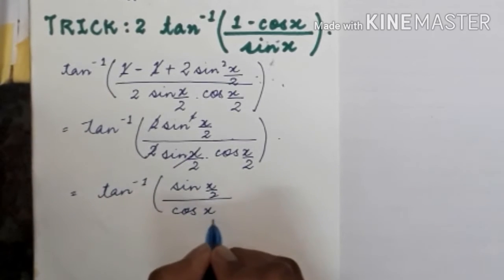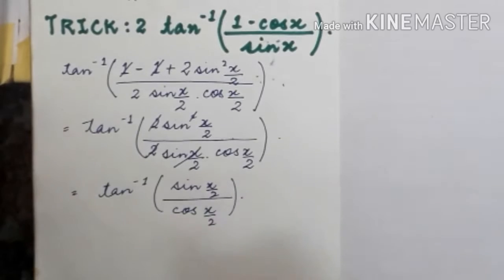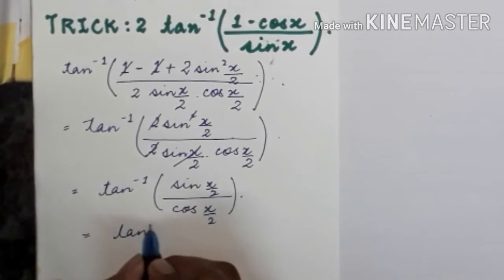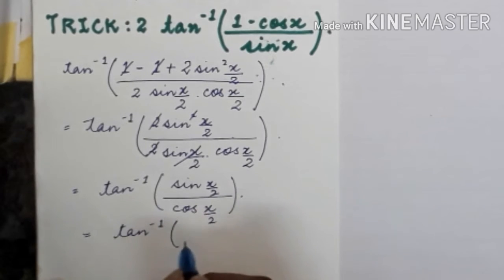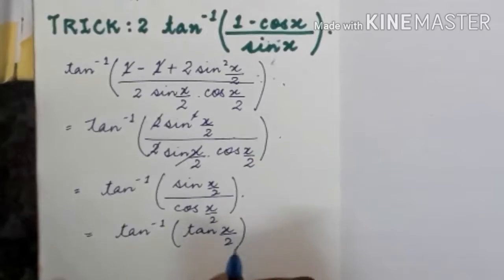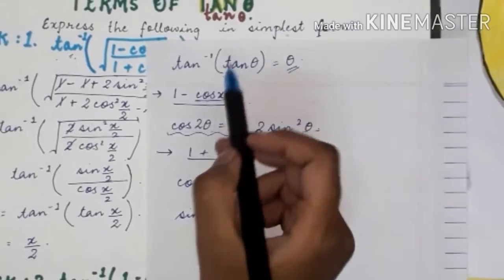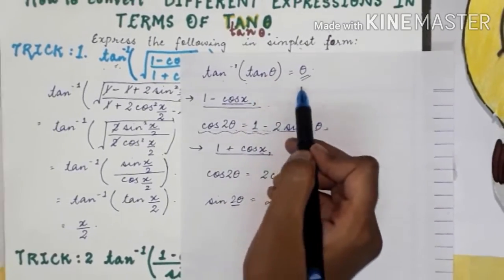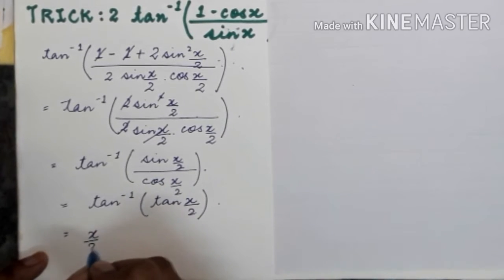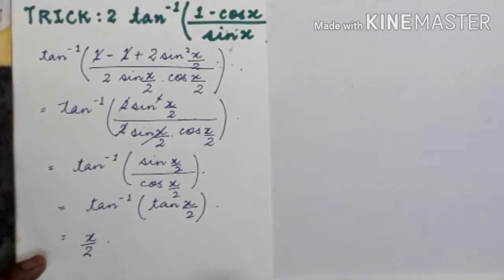You will get here also the same answer as in the previous one. Now sin theta upon cos theta is tan theta. So it is tan x by 2. Now using this property, tan inverse tan theta is equal to theta, you can write this is equal to x by 2.